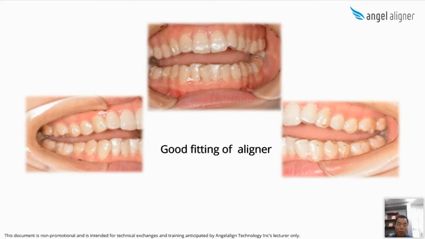This picture shows us the good fitting of aligner. You can only see the thickness of the aligner, but there is no gap between the edge of the teeth and the aligner, and the attachment is fitting very well.